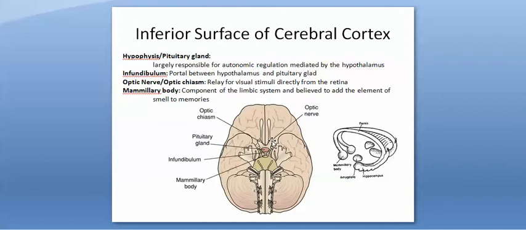Here's a picture of the optic nerve here and here, and this is actually cut away from the eye. So it would travel up here, and then the eye would be here. The chiasm is a point of decussation, so half of the information from this eye and half of the information from this eye is going to cross over to the other side of the brain via the optic chiasm. And here we already talked about the mammillary bodies.